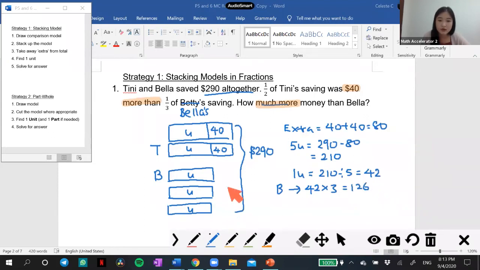Okay, good. How about Teeny? Teeny has 2 units and $80 here. So take your 1 unit times 2 and add in the $80 here. So what does Teeny have? $164.